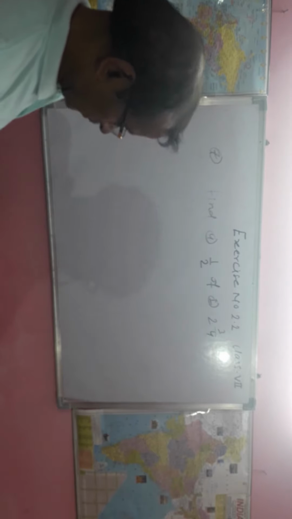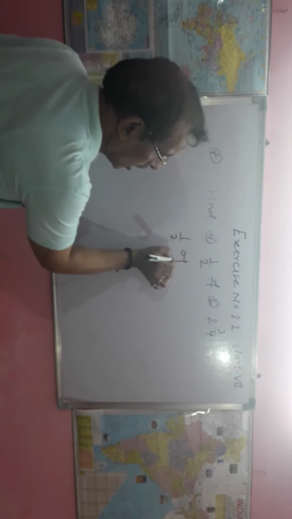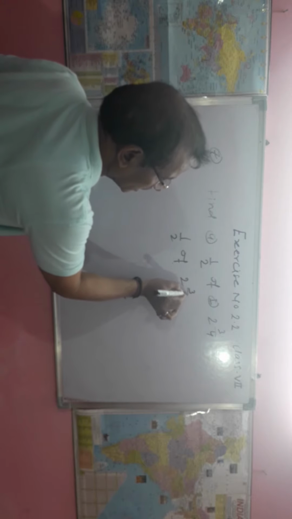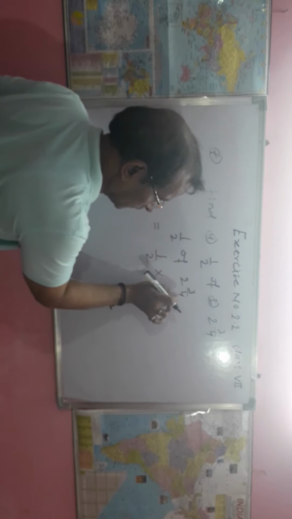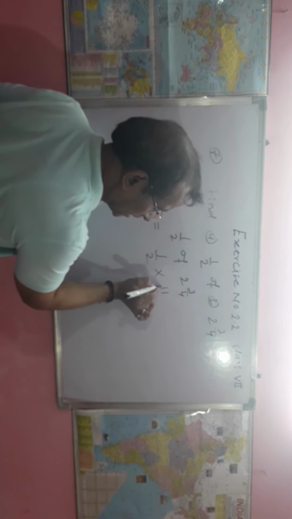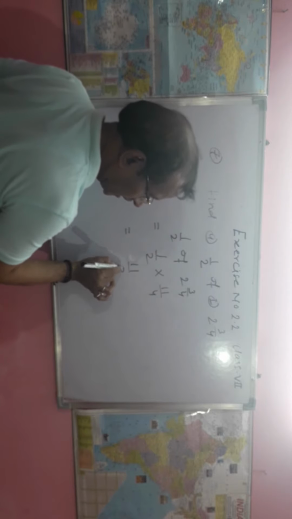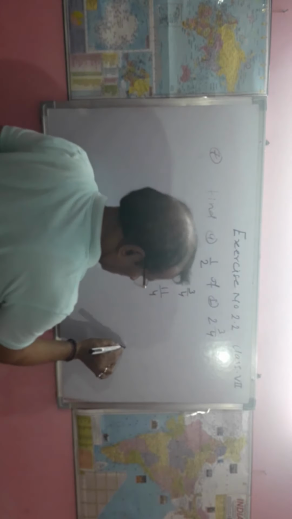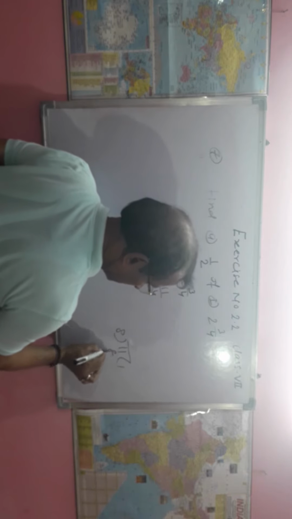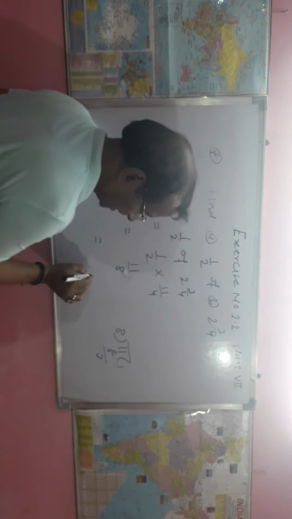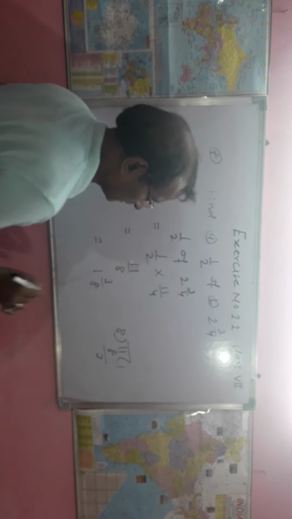Now we can solve it. 1 upon 2 of 2 whole 3 upon 4 is equal to 1 upon 2 multiplied by 4 twos are 8, plus 3, 11 upon 4. Then we get 11 upon 8, and here we divide by 8. 8 ones are 8, we get 3, and the answer is 1 whole 3 by 8.